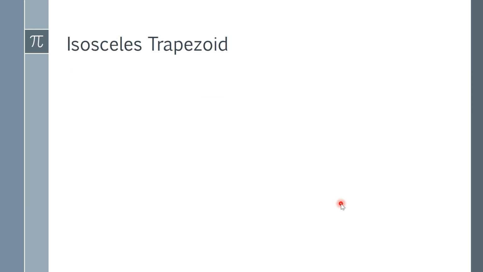So we have some special trapezoids that we're going to look at. And this is really the focus of the lesson, the isosceles trapezoid. Most of the information in the lesson is about the isosceles trapezoid. So it is obviously an important trapezoid to understand because it has some properties that we want you to understand. For a trapezoid to be isosceles, just like for a triangle to be isosceles, two sides must be congruent.